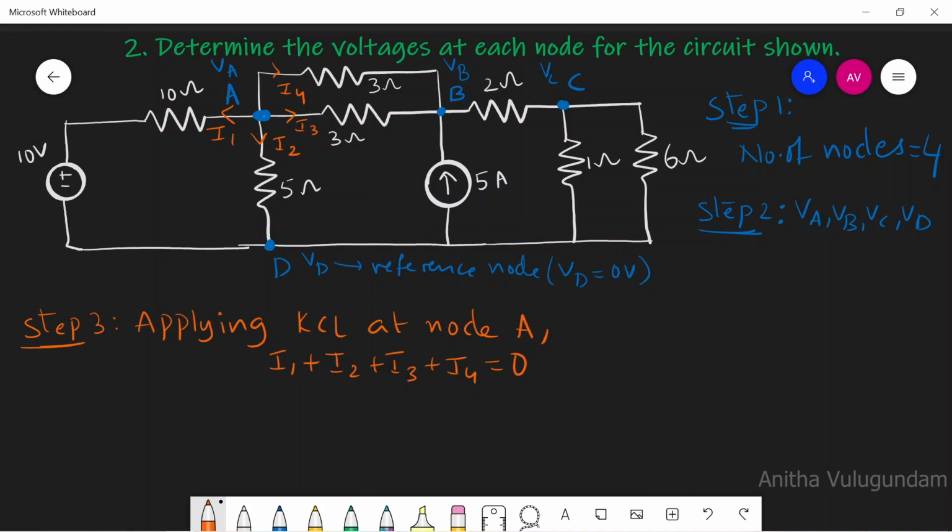I can write I1 as VA minus 10 divided by 10, and I2 can be written as current flowing across 5 ohm resistor, VA by 5, and I3 as current flowing across this 3 ohm resistor, VA minus VB divided by 3, plus I4 is same as I3.